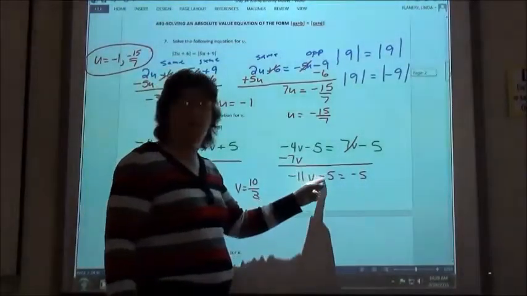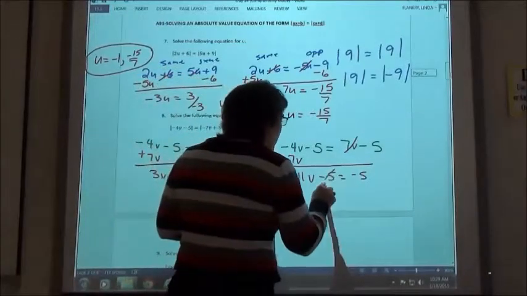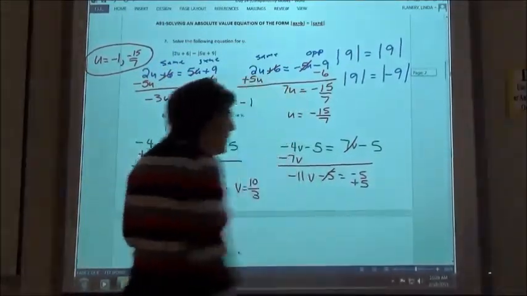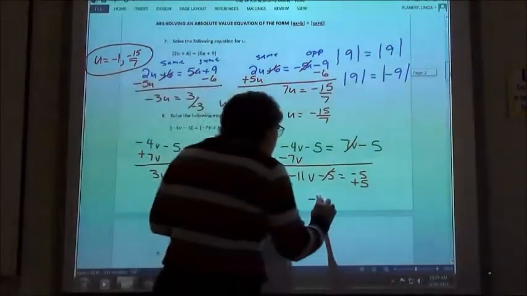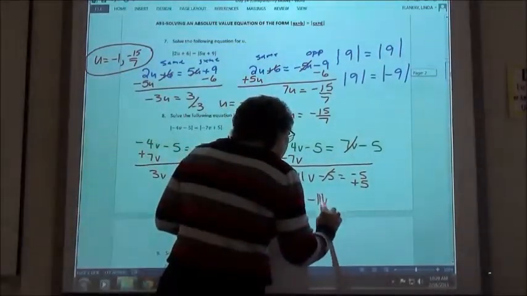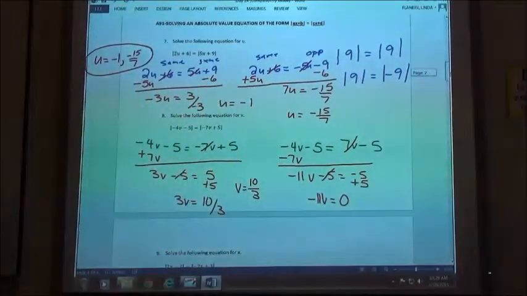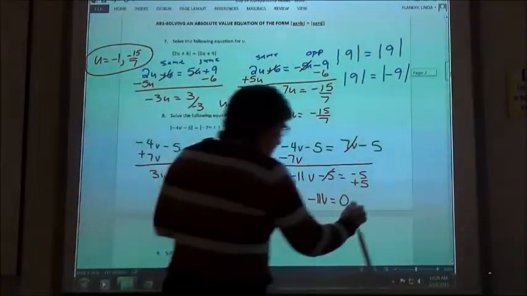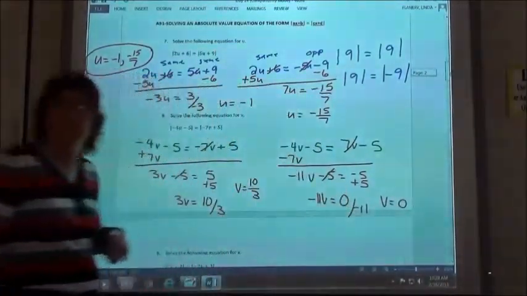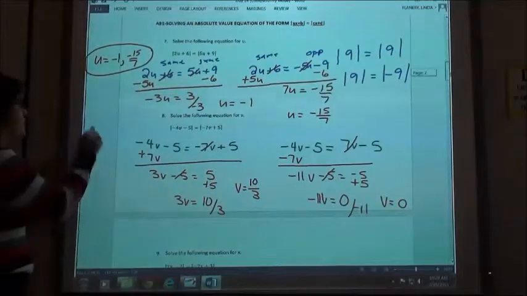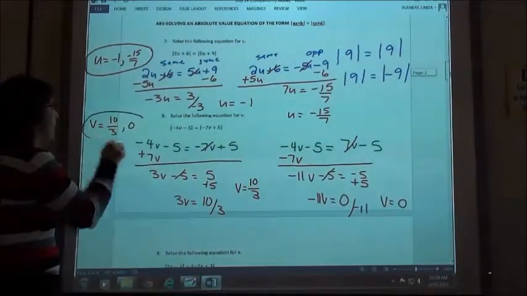Yeah, well, for now, but we still have to move it over, right? When we move it over, we're going to make it a plus 5, right? Yeah. And so negative 11v equals 0, right? And then if we divide, we still get 0. So we get answers of 10 thirds and 0.